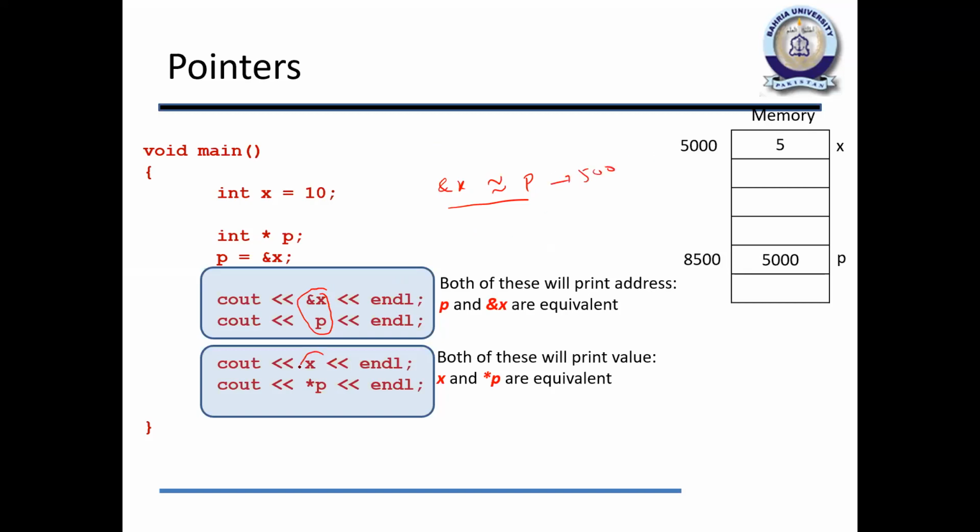Similarly, both of these are equivalent, whether I write x or I write star p, they will both give me this value 5. So both of these are addresses and these are values. They are actually referring to the same location, so that's why you get the same thing. And they both are referring to the same address, so that's why we get the same address, which is 5,000.